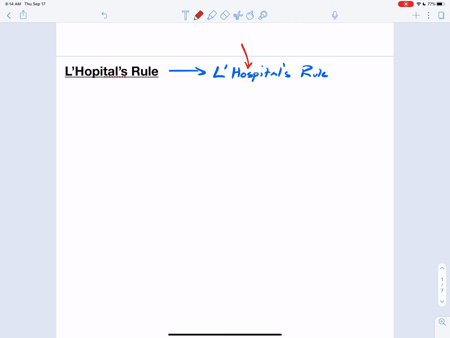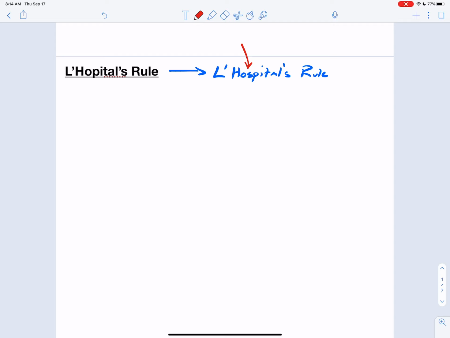It's Hopital's rule. And it was only recent, maybe about within the last 15 years, that they looked at some original manuscripts and they found the original spelling of this person's name. And it's actually Hopital's rule. So please don't say Hospital's rule, okay?